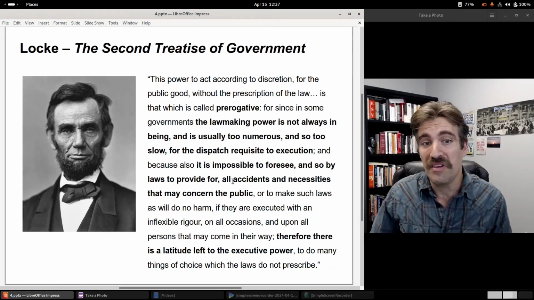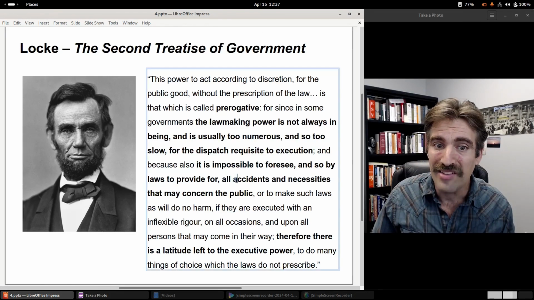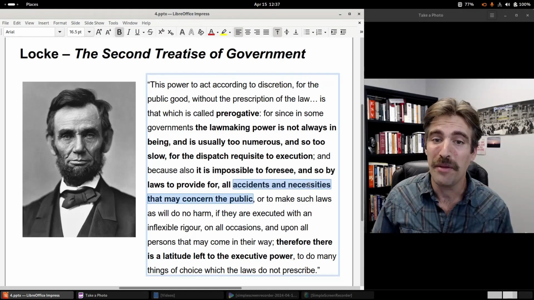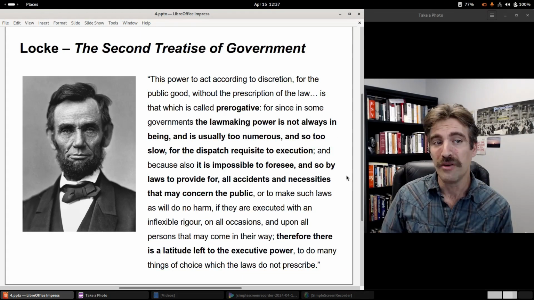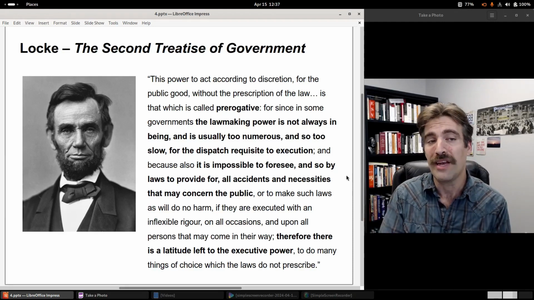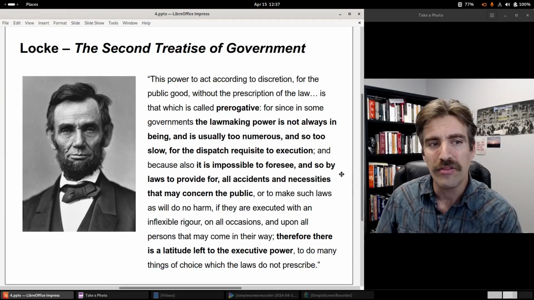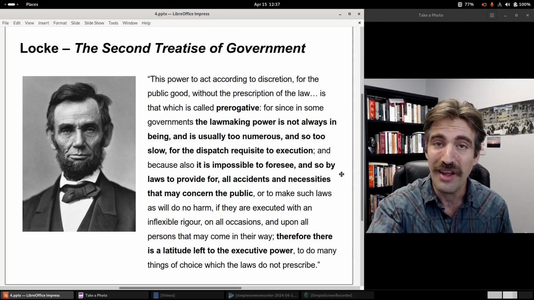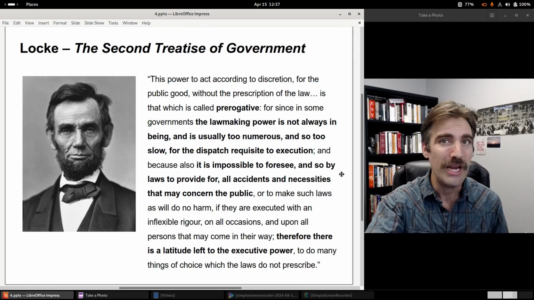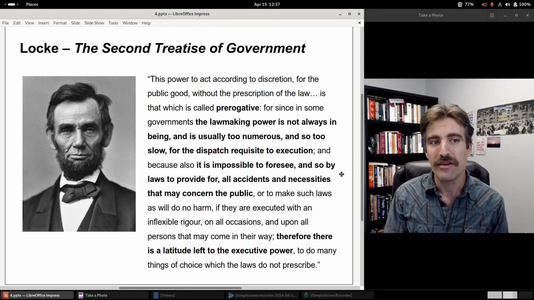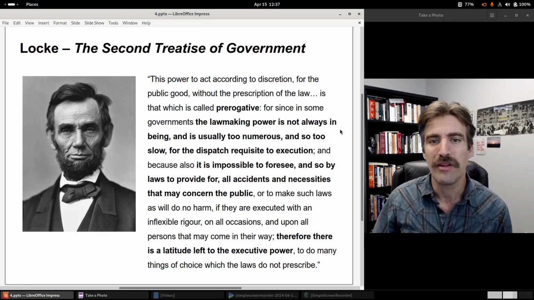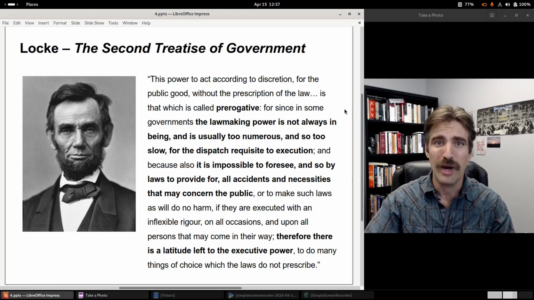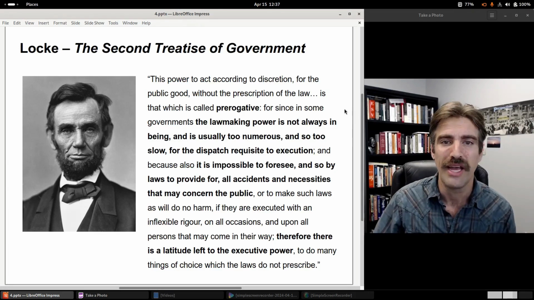He argued that this was an example of accidents and necessities that may concern the public. I've got to do it as a wartime necessity. The Emancipation Proclamation was a wartime necessity, as Lincoln argued, and so therefore he could issue this proclamation without any act of Congress. Now, eventually, the 13th Amendment was authorized, which abolished slavery, but initially it required executive action, as it's called today.